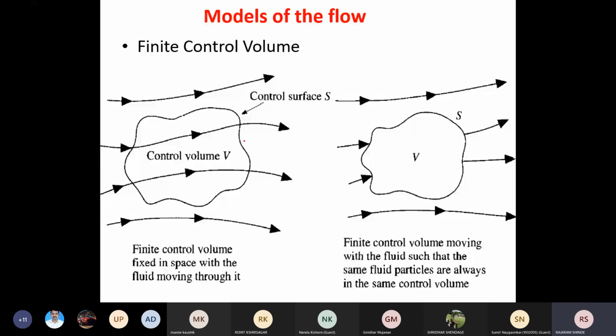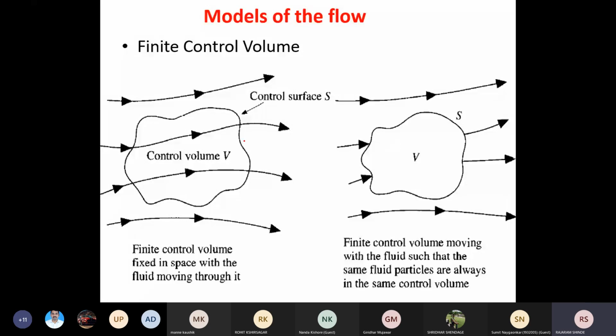Fluid inside the control volume is fixed. The fundamental physical principles we are applying to the fluid inside the control volume, not on the fluid entering the control volume. Therefore, instead of looking at the whole flow field, we have to concentrate on the fluid in the finite region of the volume itself. The equations obtained by applying the fundamental principles to this control volume are in the form of integrals.